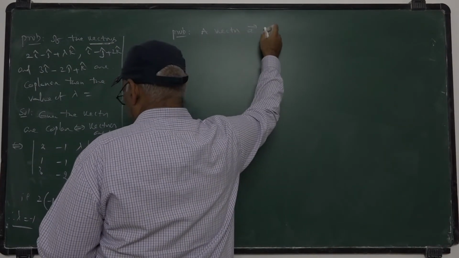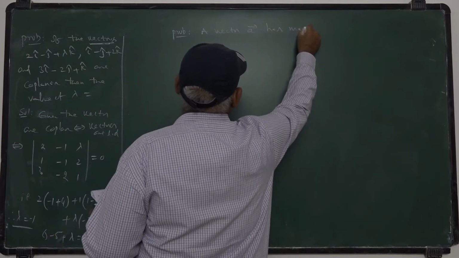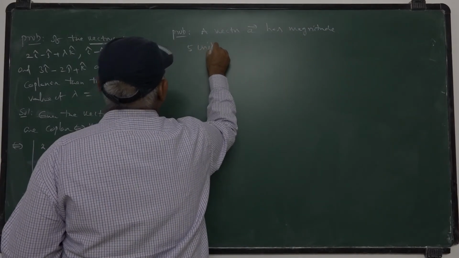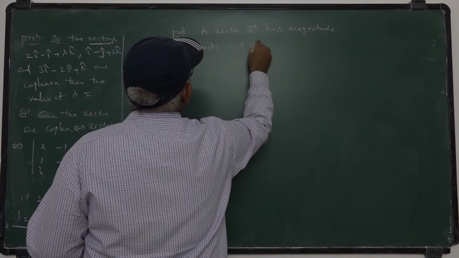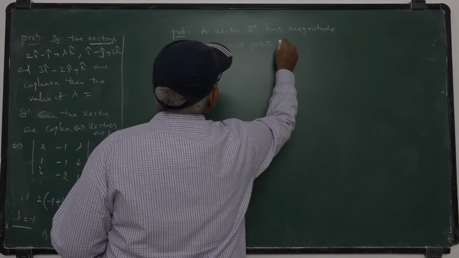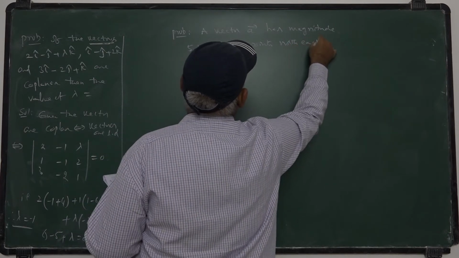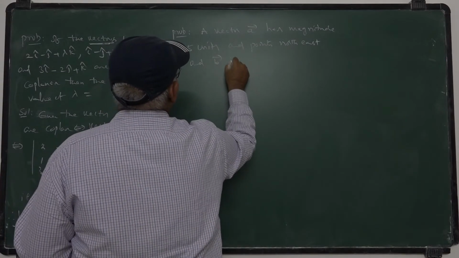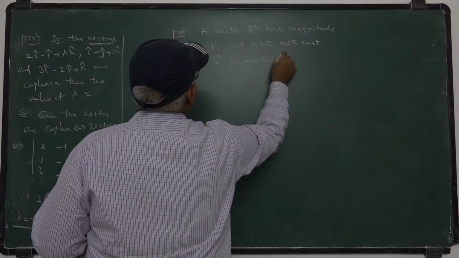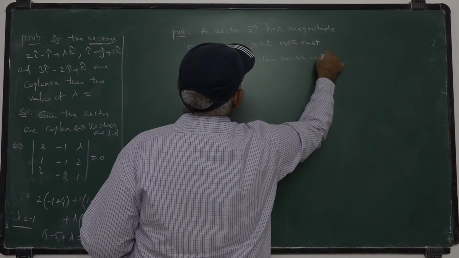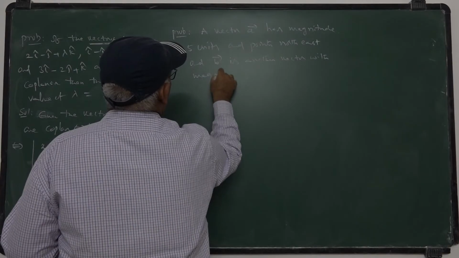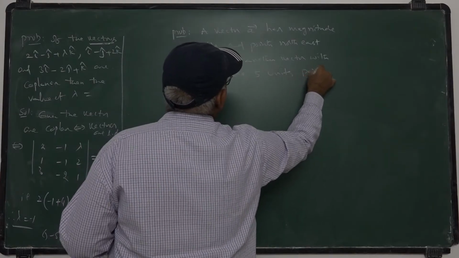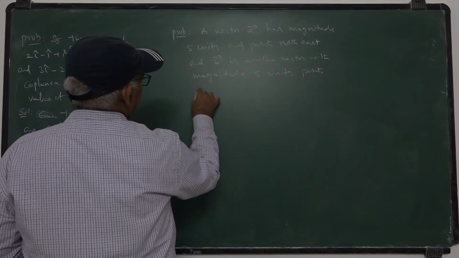A vector A bar has magnitude 5 units and points northeast. And B bar is another vector with magnitude 5 units, points northwest.